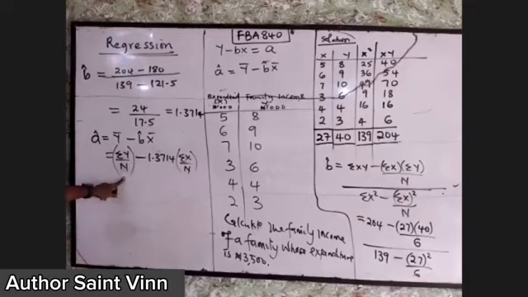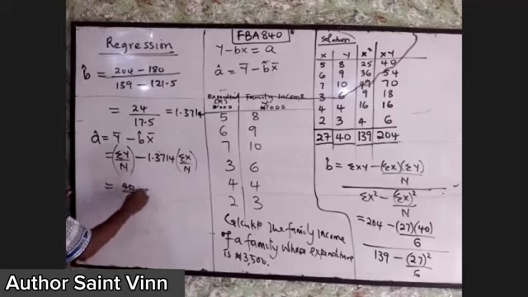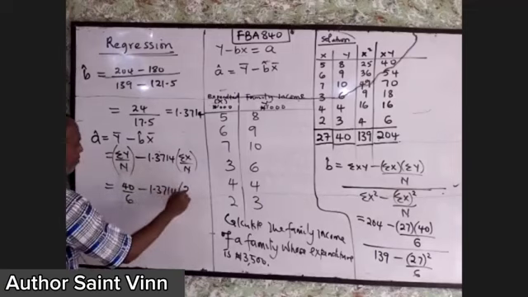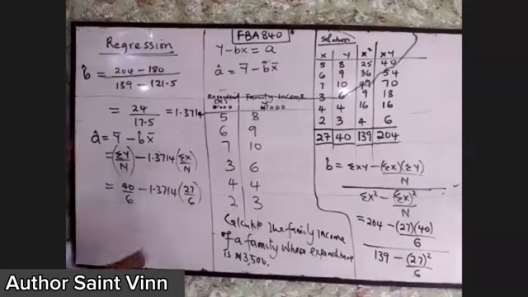And Y bar is 40 divided by 6. This one is 1.3714 times 27 divided by 6. Our result here, what do you have?